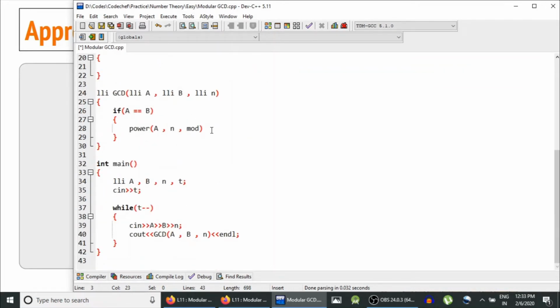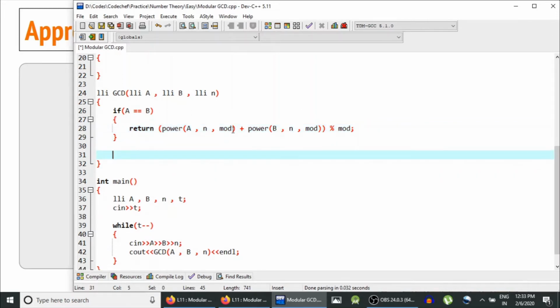So this would compute a raised to power n modulo 10 to the power 9 plus 7 plus b raised to power n modulo 10 to the power 9 plus 7, and after that take their sum and apply the modulo operator again, and finally return a raised to power n plus b raised to power n modulo mod, that is 10 to the power 9 plus 7. If a is equal to b, this would be our result.